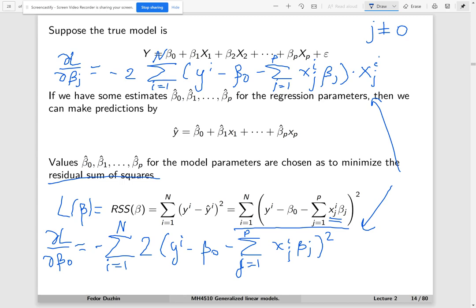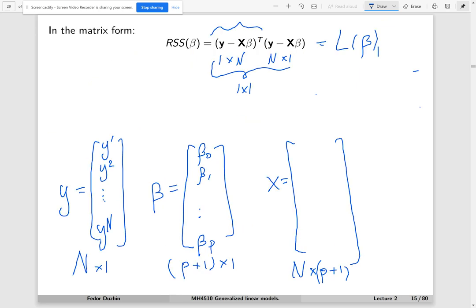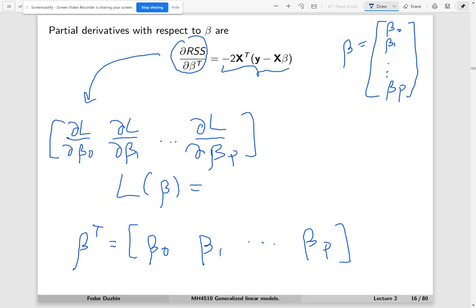So these are scary-looking huge equations, but let me just give you a little bit of intuition behind it. Why does it work? Basically, it works because our residual sum of squares, our loss function of beta from the previous slide, is y minus x beta transposed times y minus x beta.